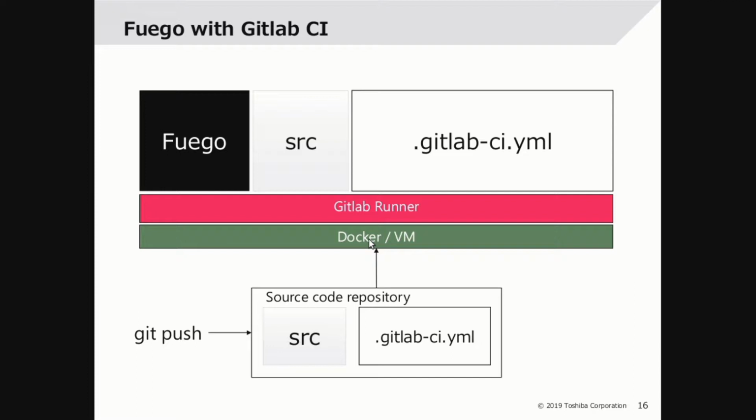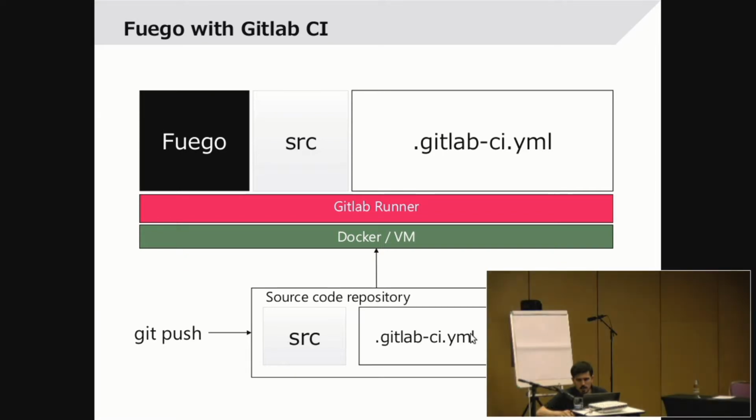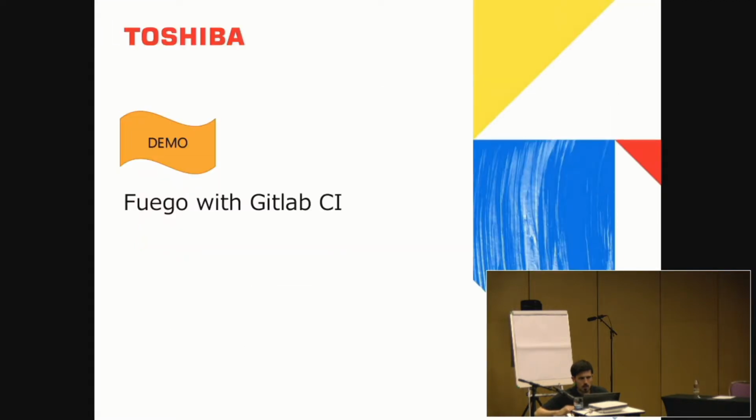This Docker machine contains a GitLab runner, which basically will translate this YAML file into commands, and you will run those commands. By default, it's a Docker, but you could also use your own virtual machine or your own board, and in that case, you would be able to test the kernel as well. So I'm going to make a demo about GitLab.